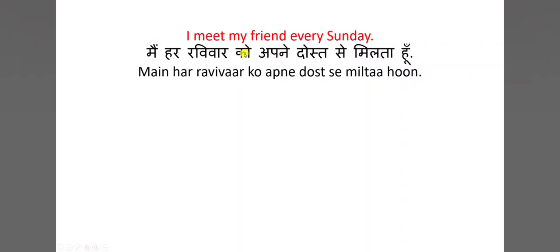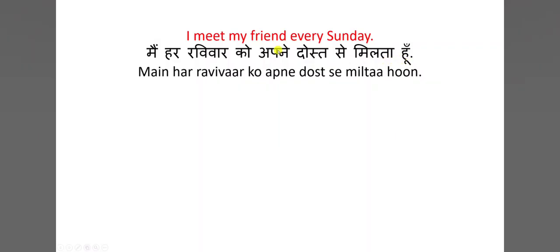This ko is something else. We have not learnt about it, so do not worry about this ko. Apne is my, dost is friend, and say is the post position that we have added. Milta is meet, hoon is the tense indicator.